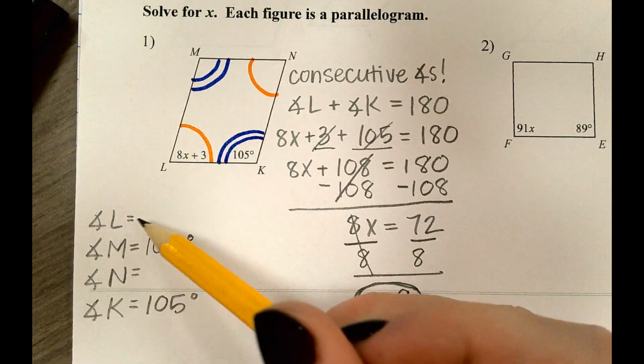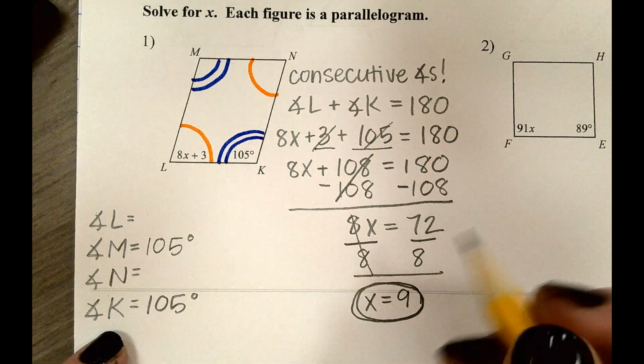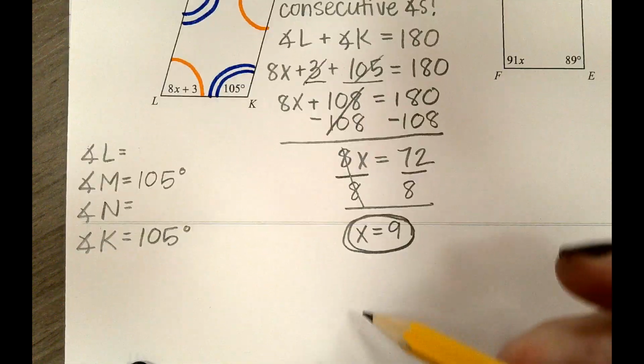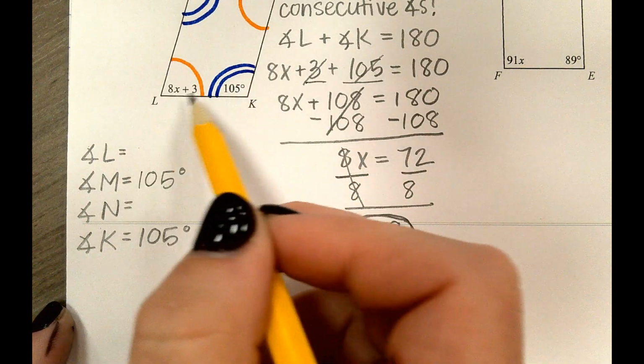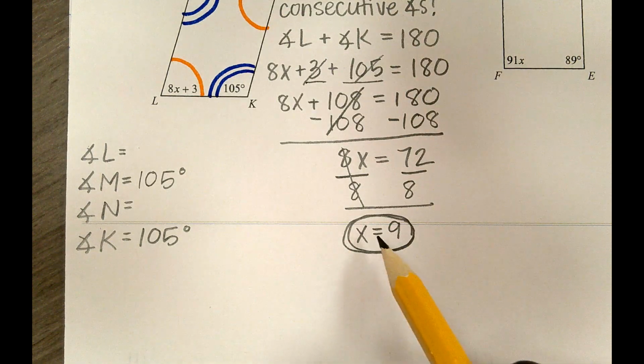And there's two different ways that we could find angle L and angle N. We could use the X value that we found and plug it in. Let's try that first. I know L is 8x plus 3, and I know X is 9.